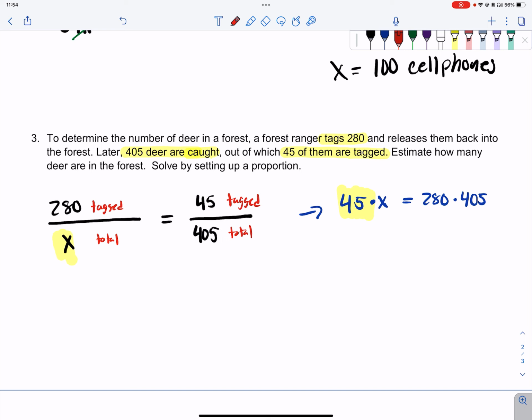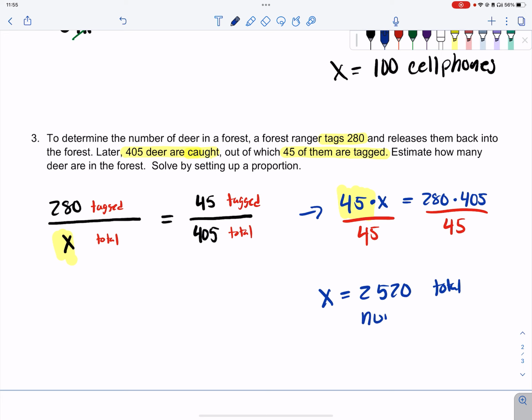So to undo that, we need to divide both sides by 45. So now x is equal to 280 times 405 divided by 45, and you should then get 2,520. And this number is now representing the total number of deer in the forest.